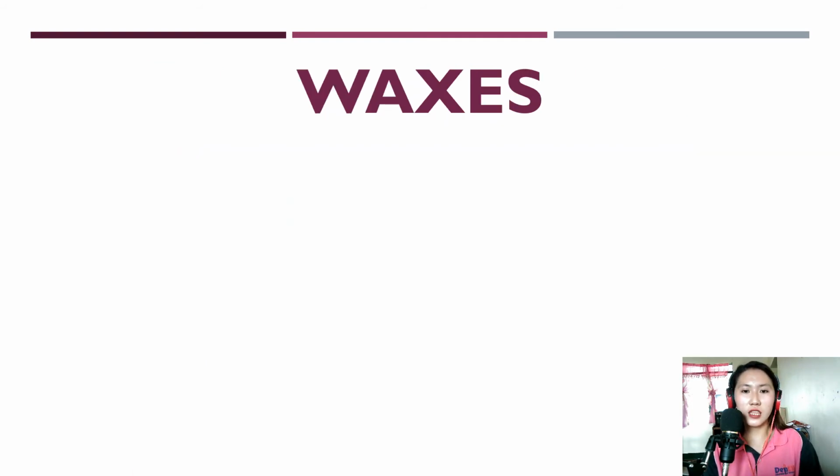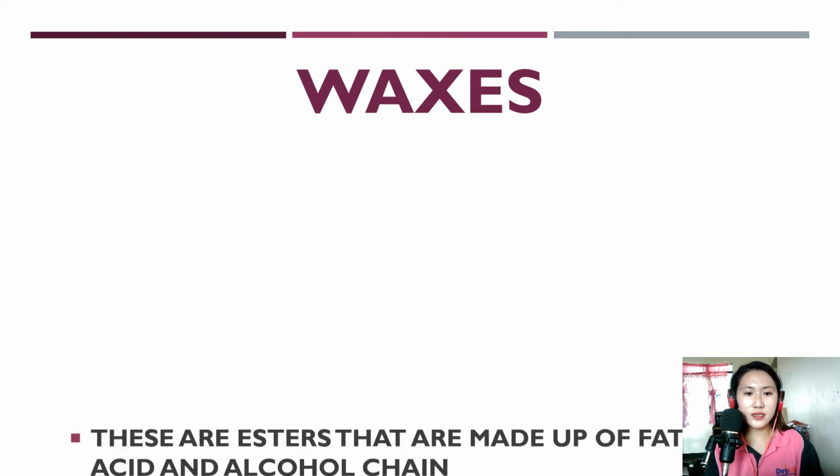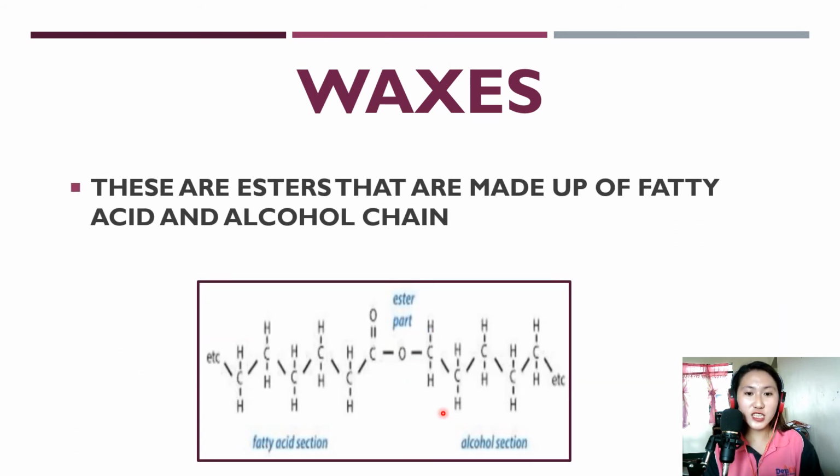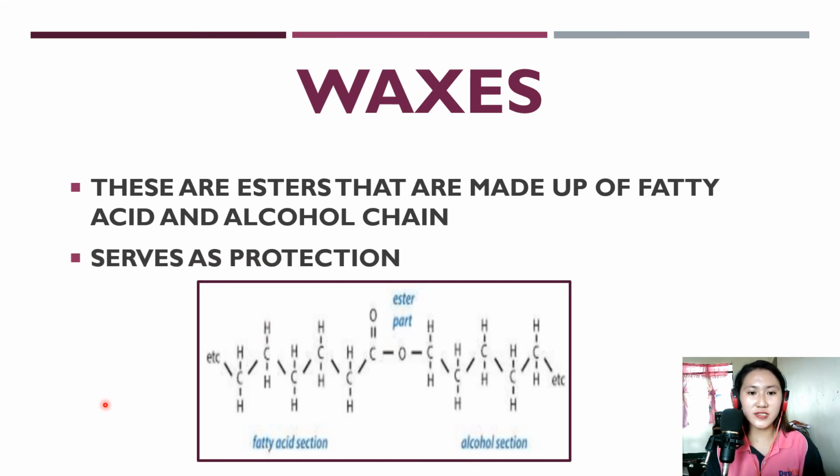So another category of lipids are the waxes. Waxes are esters, okay, esters made up of fatty acids and an alcohol chain. This serves as protection. In plants, it is a protective coating on leaves.